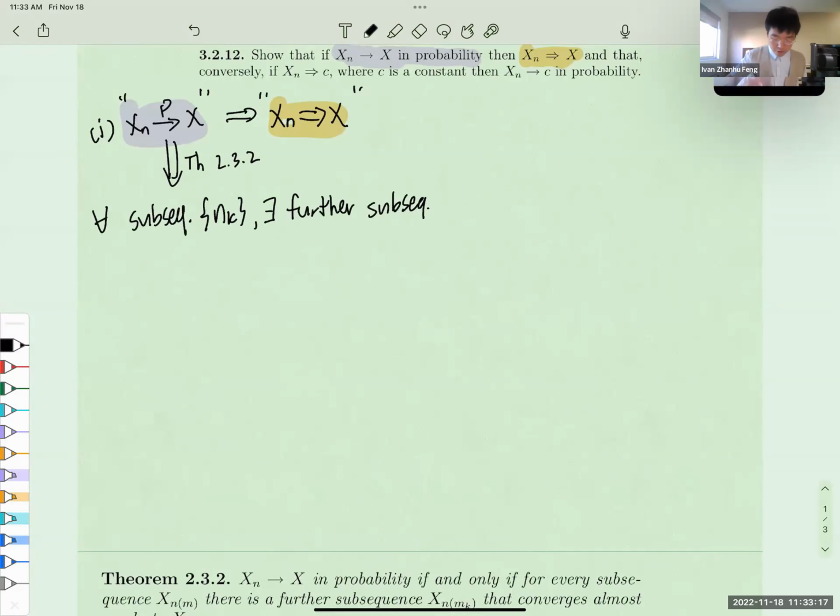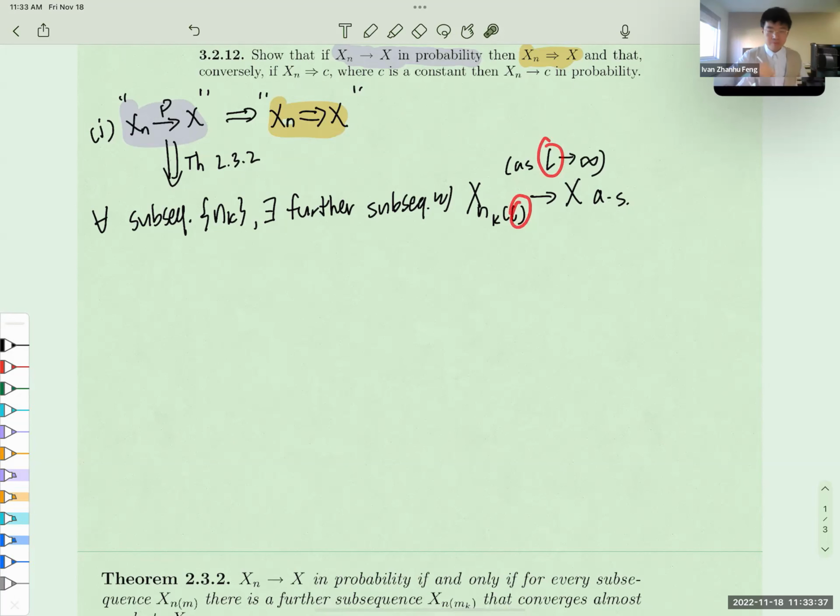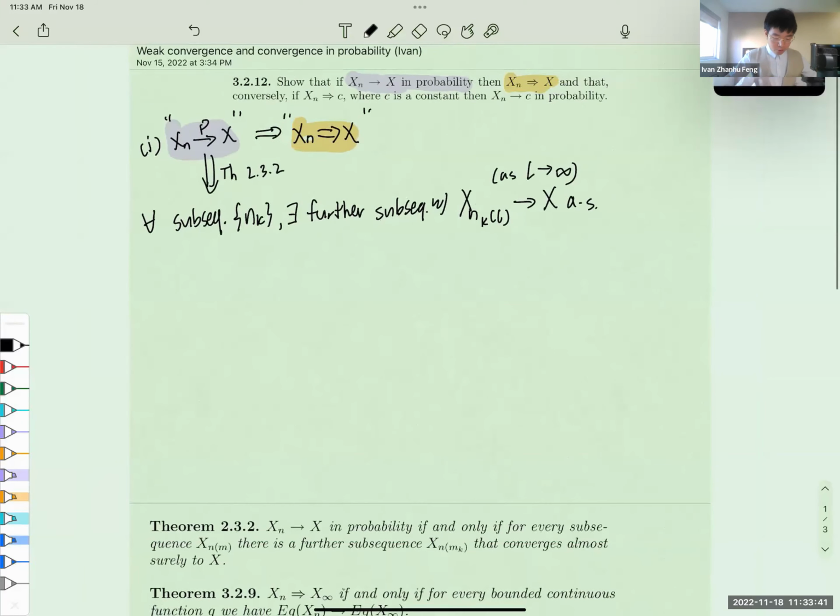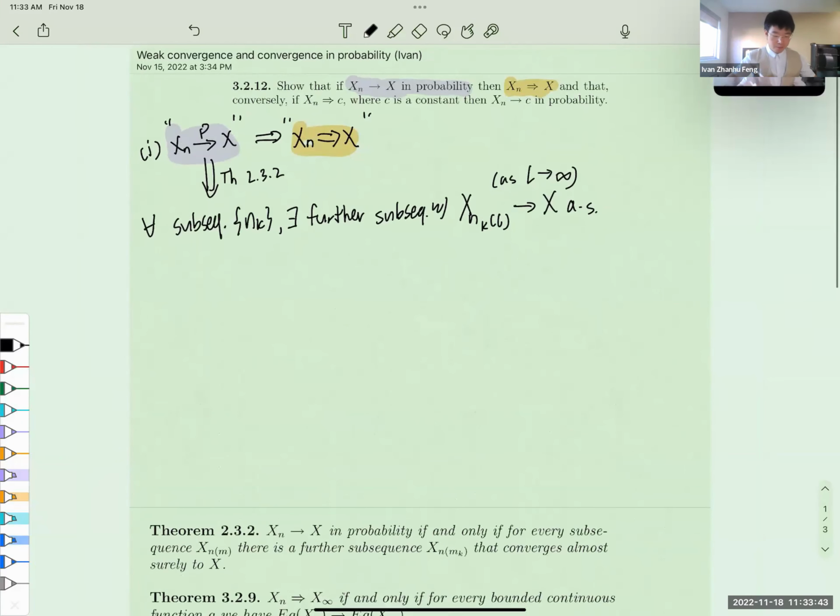Let's call this further subsequence n_{k_l}. So with X_{n_{k_l}} convergent to X almost surely, of course, as in this case, l goes to infinity, right? So this is what we can get from the condition, the purple part.